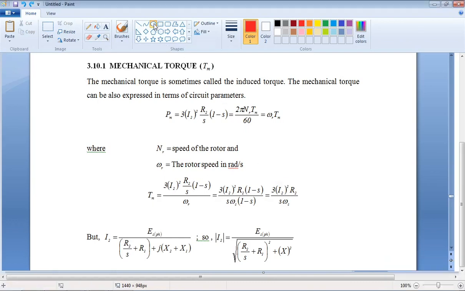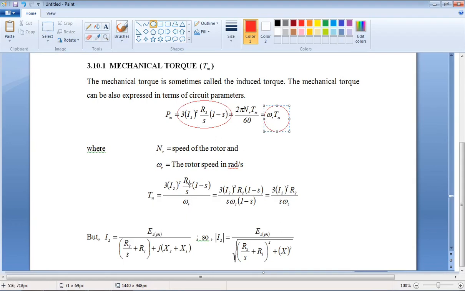When we compare these two equations and solve for Tm, Tm is basically equal to this whole equation divided by omega R.